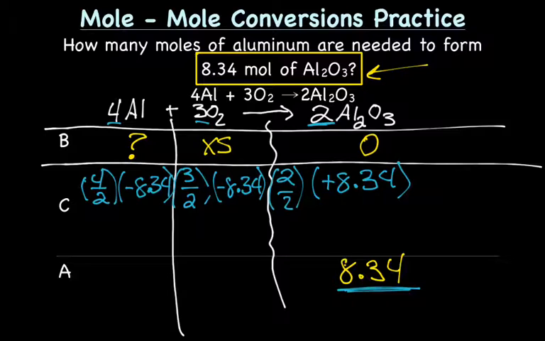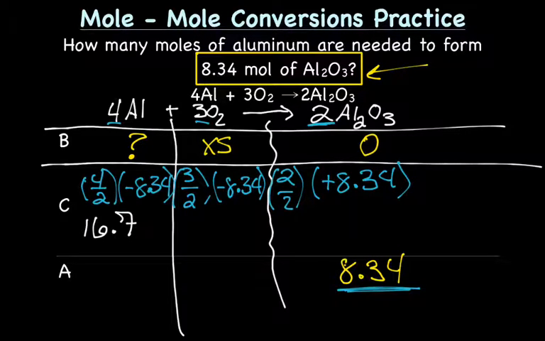All right, so now we need to multiply 4 over 2 by negative 8.34, giving us, with the correct number of sig figs, 16.7.